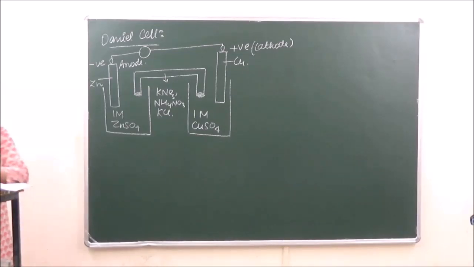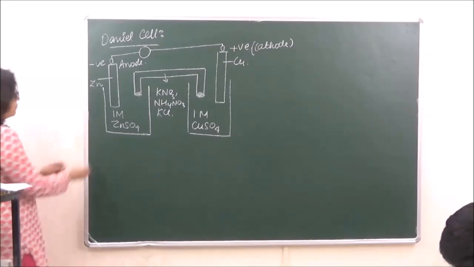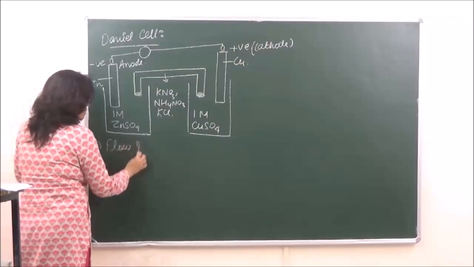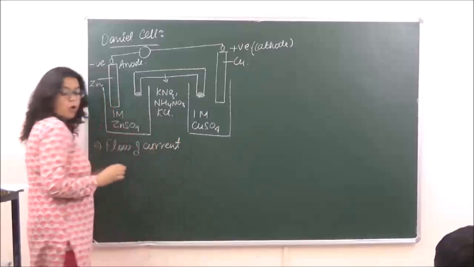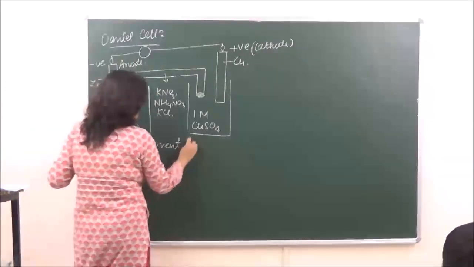The first observation is that there is a flow of current through the external circuit.